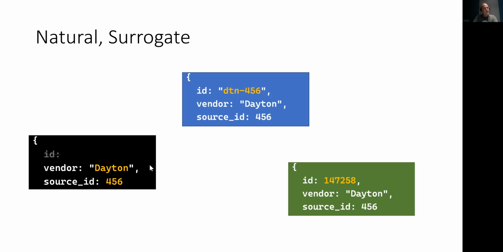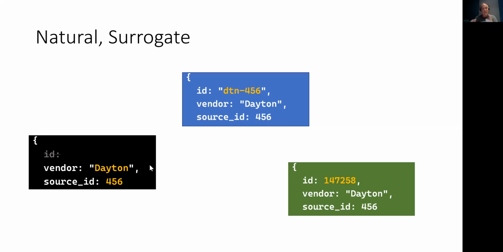Sometimes you have something in the middle, right? Sometimes they say, aha, I'll be smart. I'll create seemingly a surrogate key, but it's not opaque. It's not just a random number. I'm combining the first three letters of the vendor plus the source ID number. Aha, I'm smart. I made myself something that looks like a natural key, right?